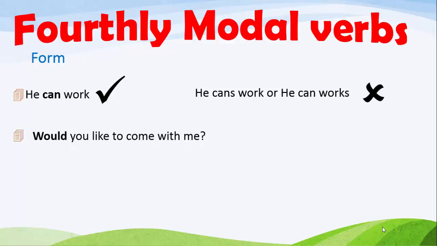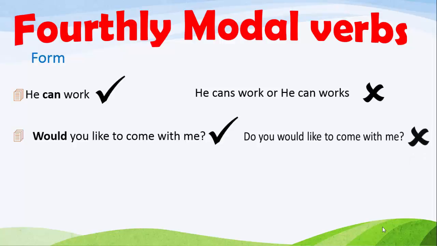Let's see how the modal verbs are used in questions. When I have a question like, would you like to come with me? Where is the modal here? The modal is would. This is a correct question. But when you say, do you would like to come with me?